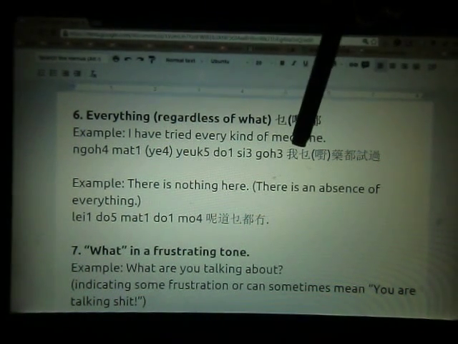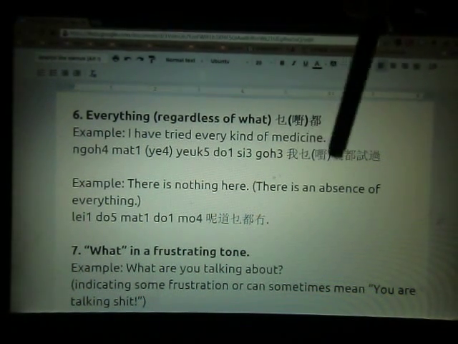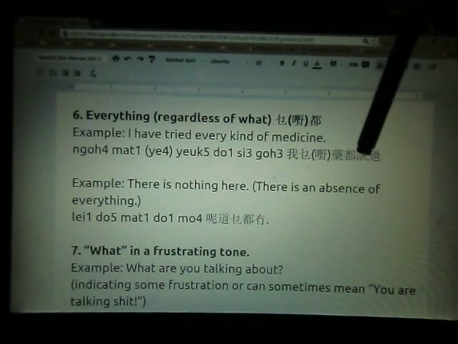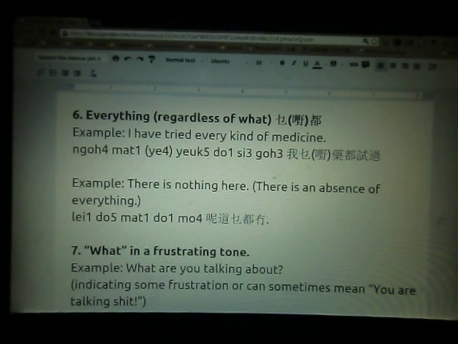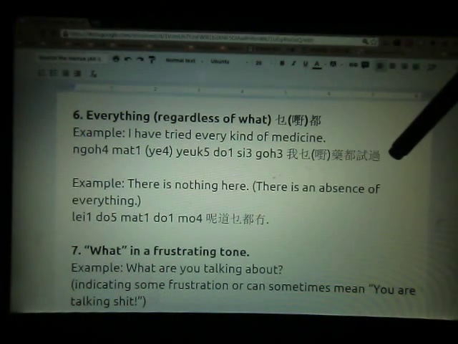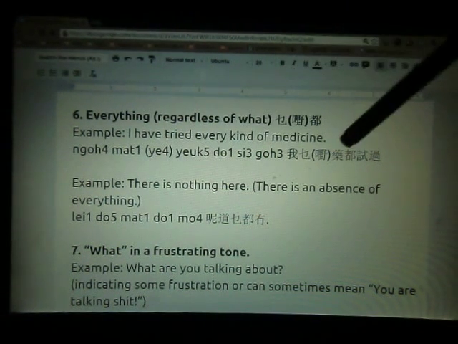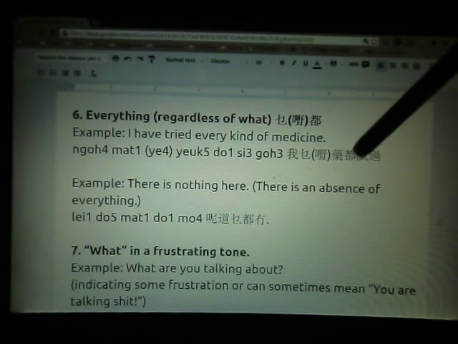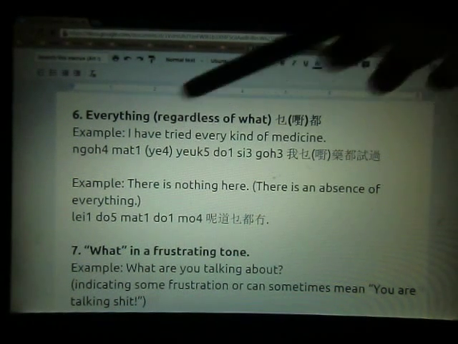How do you say it in Cantonese? 我乜嘢藥, 藥 is medicine. 乜嘢 whatever kind or every. 我乜嘢藥, again we use the word 都 means all inclusive. 試過 tried. 過 is attempted or tried. So 我乜嘢藥都試過。我 is I, 乜嘢 every kind, 藥 medicine, 都 inclusively, 試過 tried.